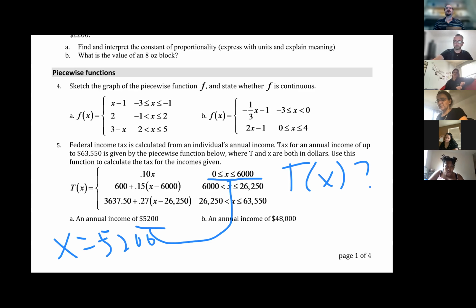This is piecewise, and I think the main thing people do is try to throw it into everything that's there, and you just did 3 times the amount of work you had to do. Don't do that. It only goes into one of these functions. It's restricted based on its domain. So we're looking at where this 5,200 falls in. It falls in between 0 and 6,000.